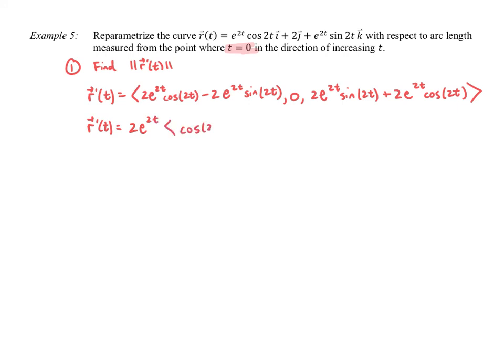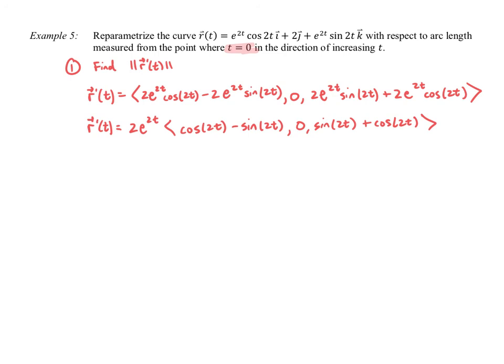So we have cosine of 2t minus sine of 2t, and then 0, of course. And then we have sine of 2t plus cosine of 2t. Now it still is ugly, but at least the vector portion, not the thing that I factored out here, but this vector portion is a little bit simpler to look at.